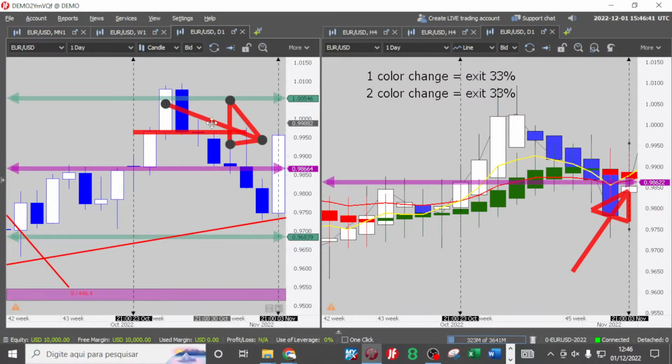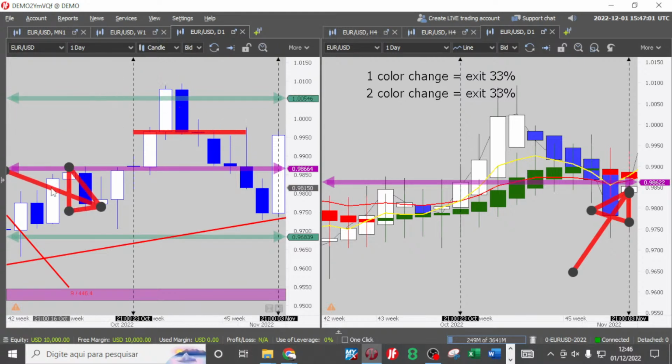So what's the difference right now? We re-entered here when Gianpaolo was out, right? Now what's the problem with Gianpaolo, everybody? This is just an example to be clear.